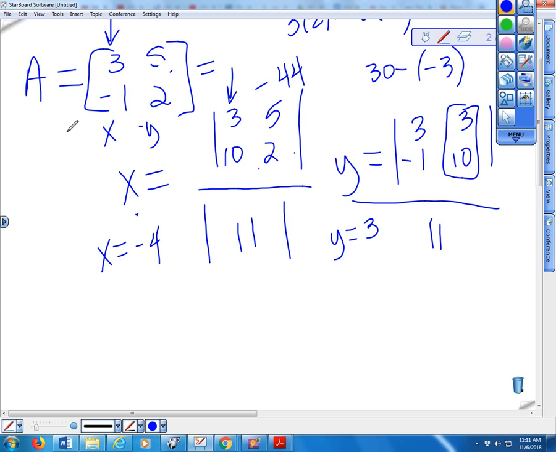Is everybody with me so far? Good? The ones on the board, 3, 5, -1, and 2. And all you do is press the number and then enter the next number, enter. You good? Okay. I've got my matrix loaded now.